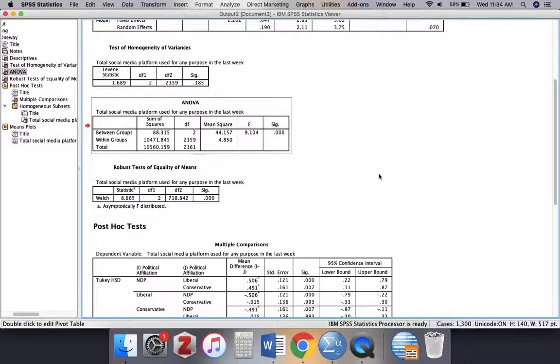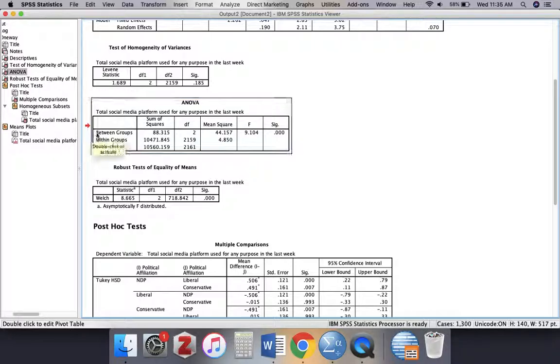Now, the other box that we really are interested in looking at is the ANOVA, okay? And this box is your statistical analysis of the test. All that this box can tell you is whether to reject or accept your null hypothesis, which is: are there differences between the groups, yes or no, based on the DV, okay?